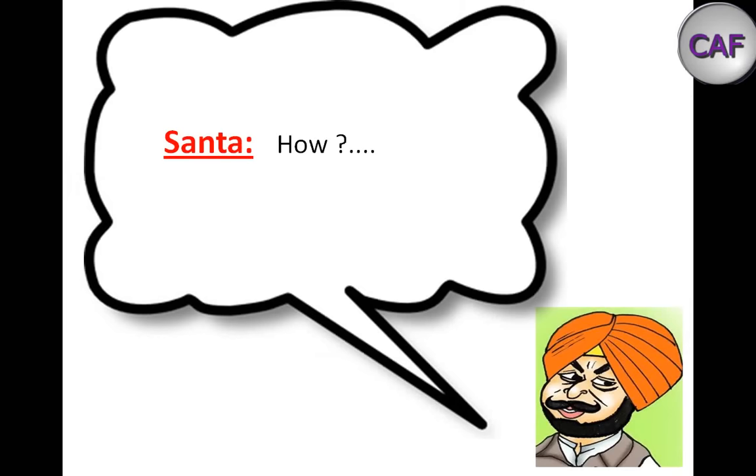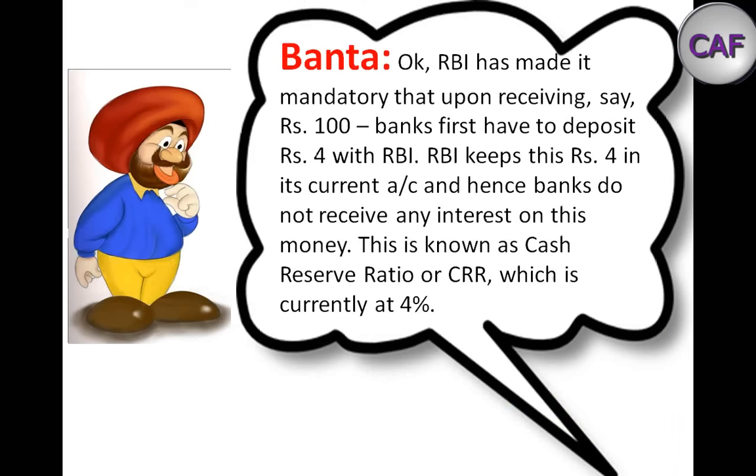So Santa replied, how does our money flow in the market? What's your perspective? Again Banta replied, RBI has made it mandatory that upon receiving say 100 rupees, banks first have to deposit 4 rupees with RBI. Guys, I'm taking an example of 100 rupees so every calculation will be easy for you.